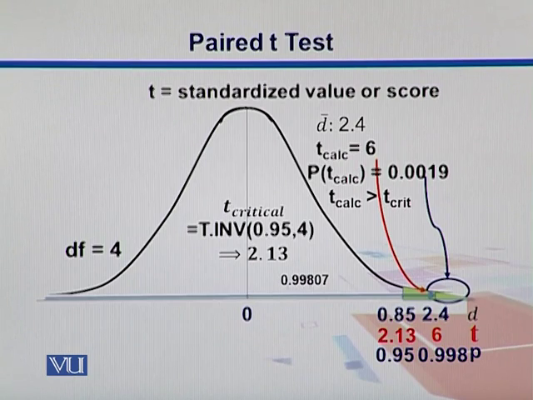Our T calculated is greater than T critical, and the probability of this T calculated is less than alpha, or less than 0.05. So it is a significant event. It is the same data which we used earlier. The values are the same, but by doing it as a paired t-test, since we fit the right model, we can come up with significant results.